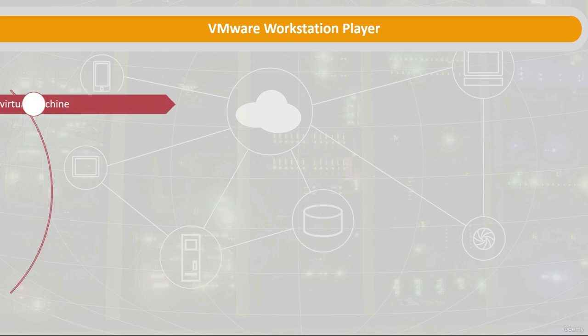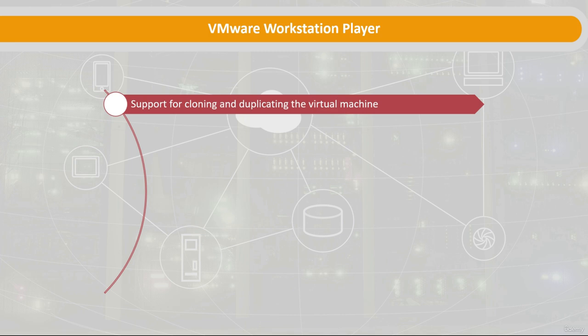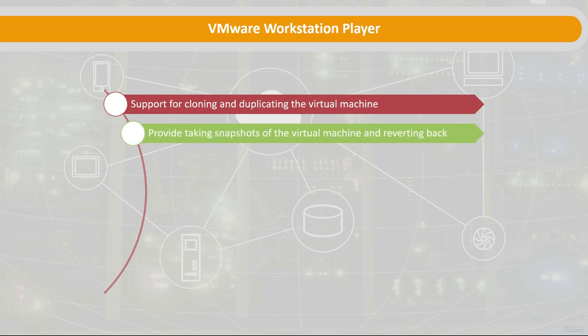They mostly support cloning a virtual machine, and you can duplicate a VM as well. And again, most of them provide taking snapshots of the VM so that you can revert back to a clean state just in case you mess up your machine.